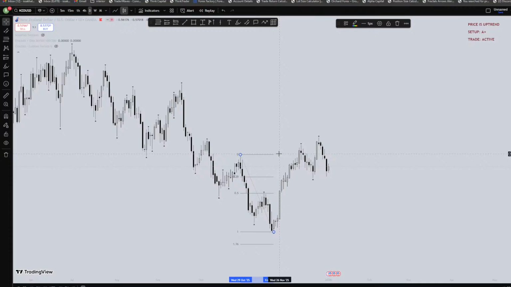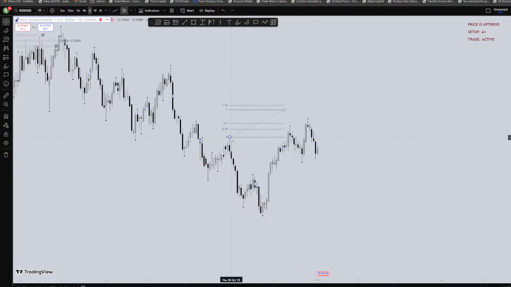Sorry, maybe have that. I'll confirm this market, and now price may come back a bit lower. So whatever it decides to do, we shall respond to it.